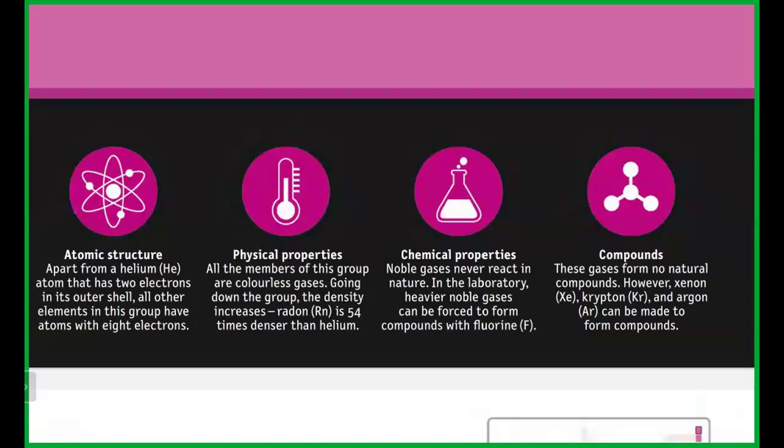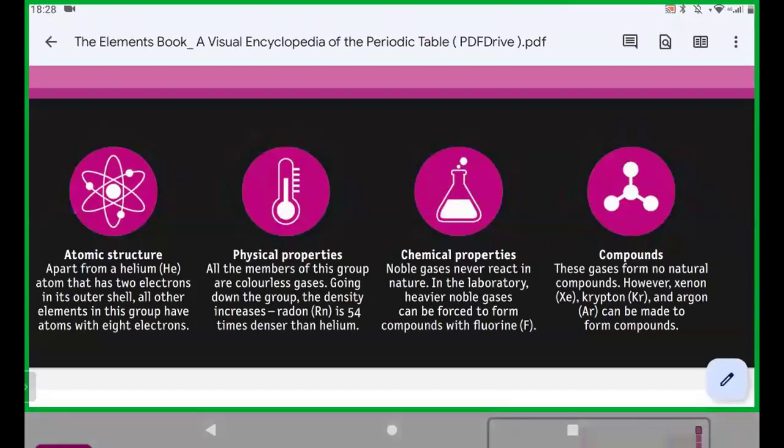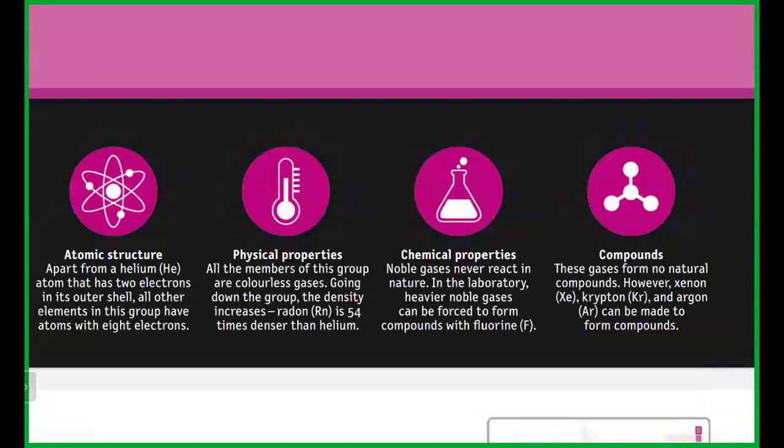Yeah. Then for the chemical properties, noble gases never react in nature. In the laboratory, heavier noble gases can be forced to form compounds with fluorine. So fluorine is actually the halogen that we previously discussed a few minutes ago. And it's kind of neighboring, because fluorine is number 9 and neon is 10.